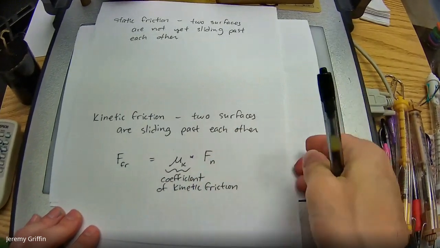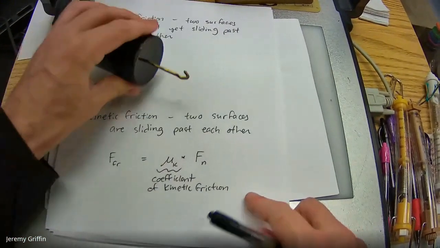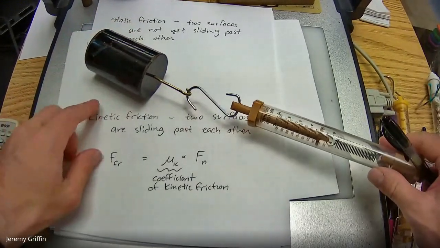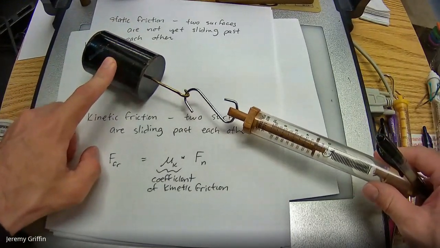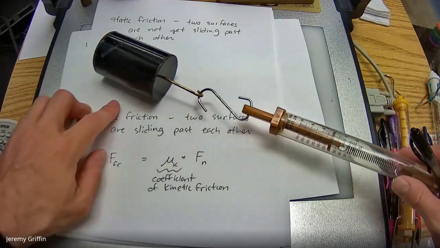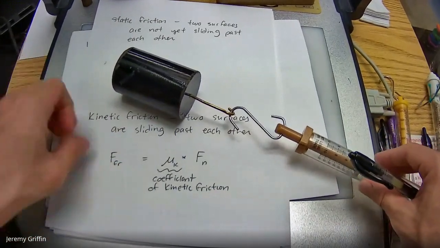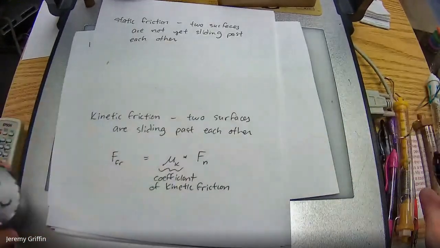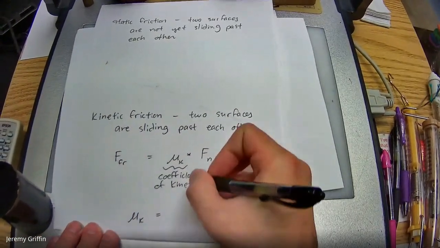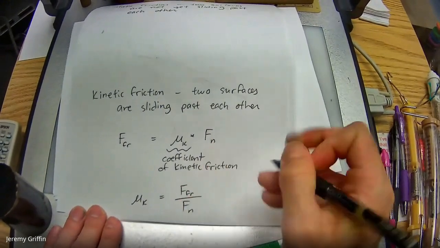And it's some material property. So if I pull this weight across this paper, this weight's painted in some kind of black paint, and it's on this paper. So the paint against the paper, there's some material property that could govern how much friction is going to result from that. You can rearrange this equation and say the coefficient of kinetic friction is equal to the friction force compared to the normal force. Just divide them out.